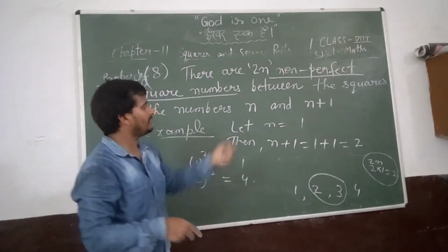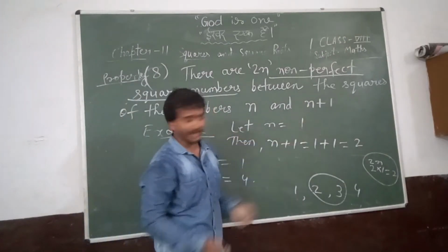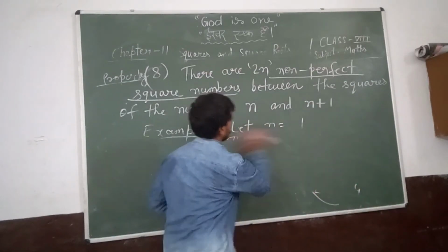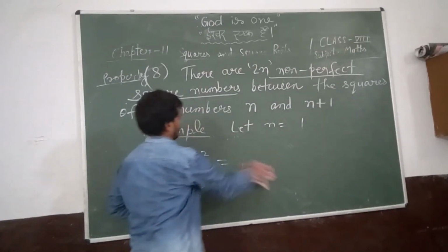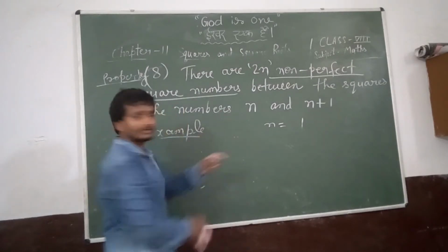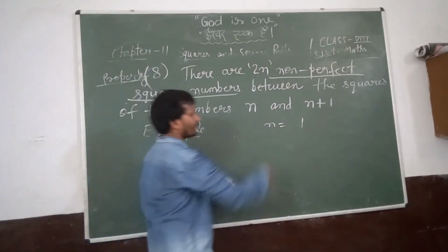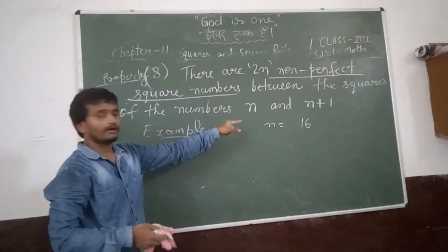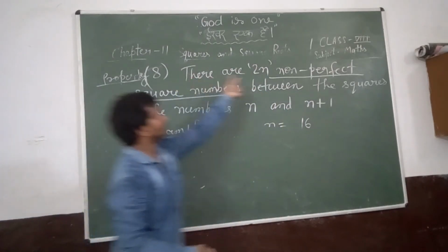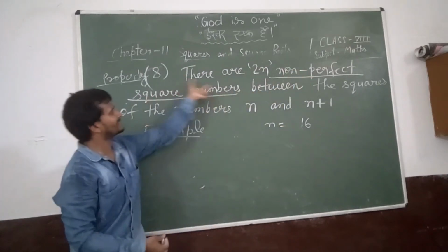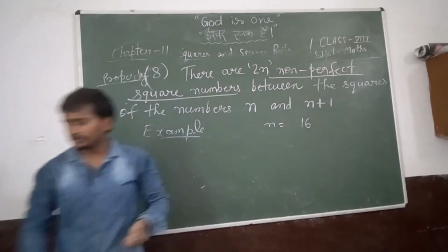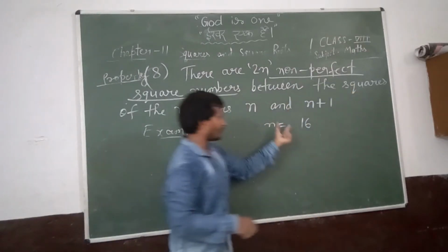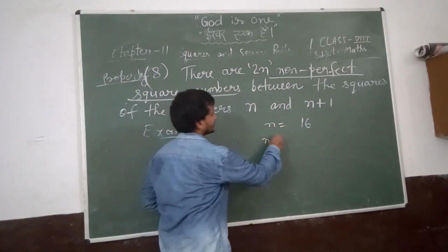The question may be like this: if the value of n equals 16, then how many non-perfect square numbers are there between the squares of n and n plus 1?